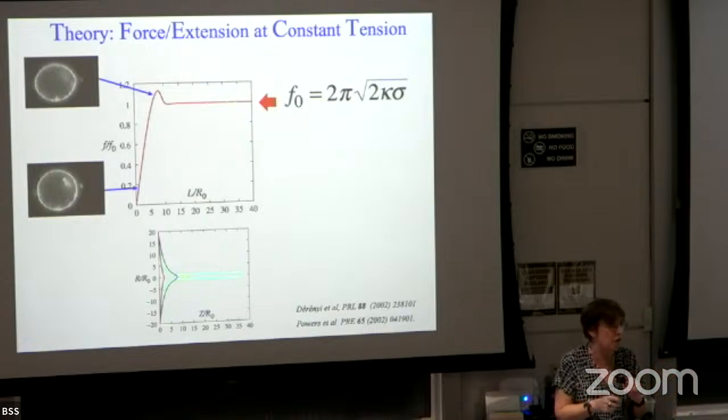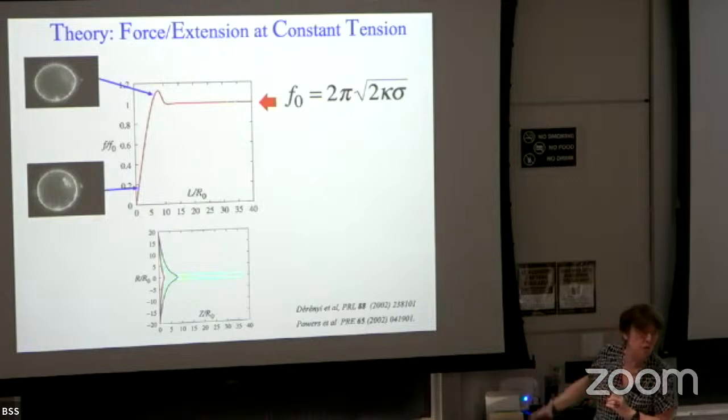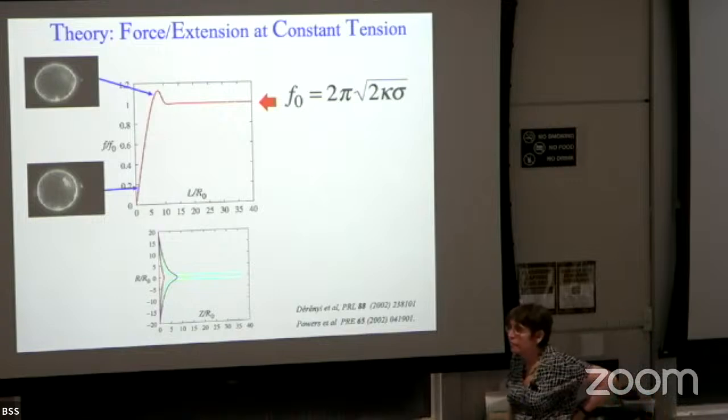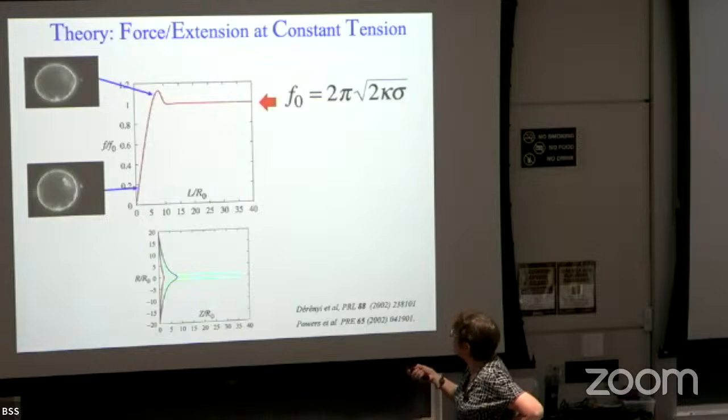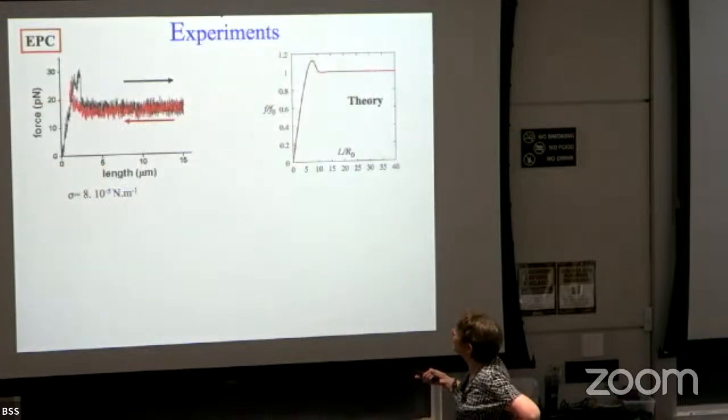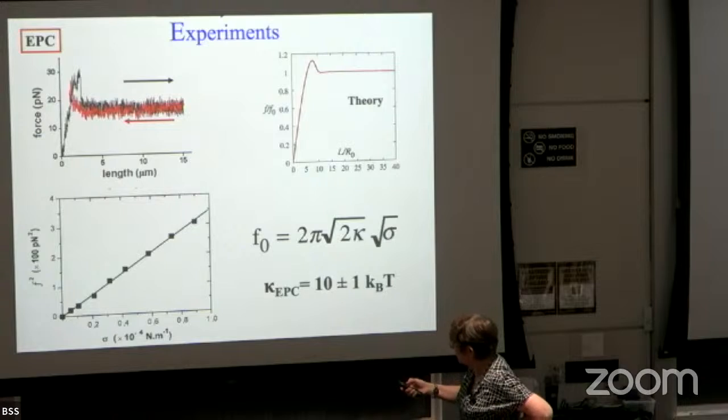That's a signature of the transition between the vesicle which is deformed and the tube formation. In this experiment, by aspiration, we just change the aspiration.